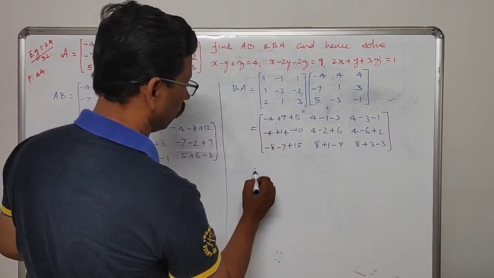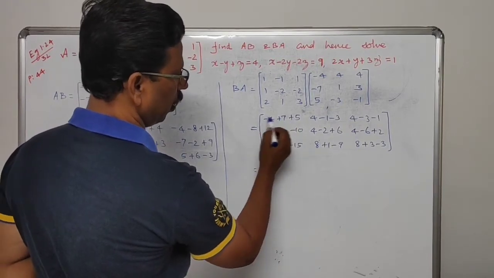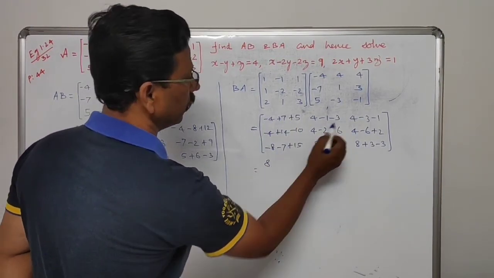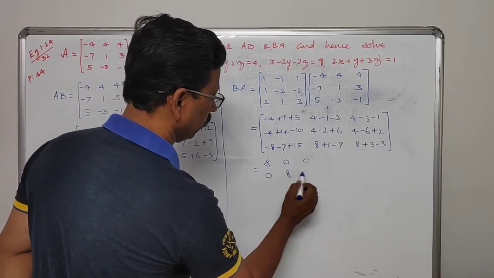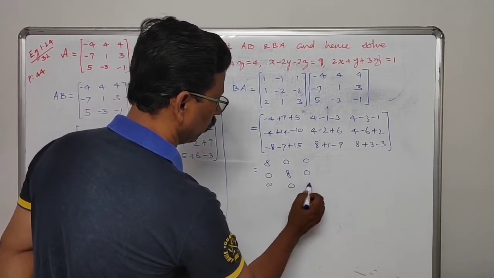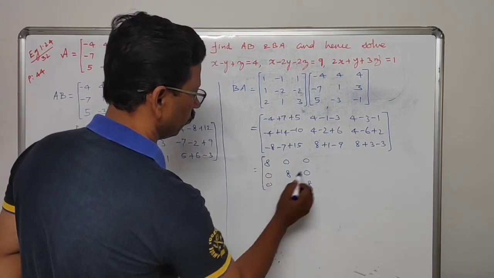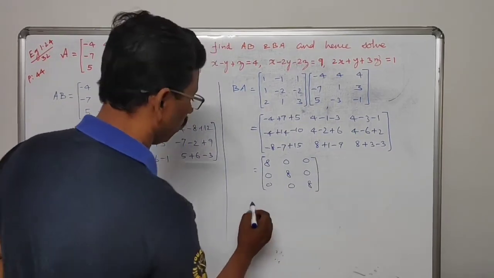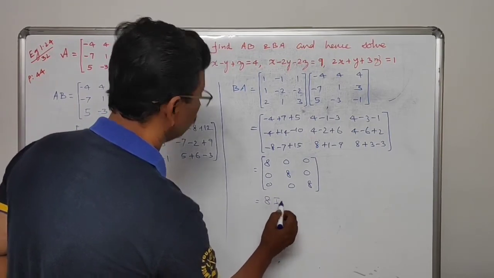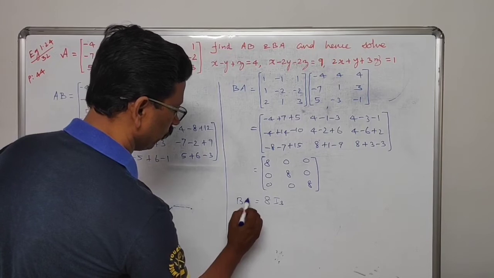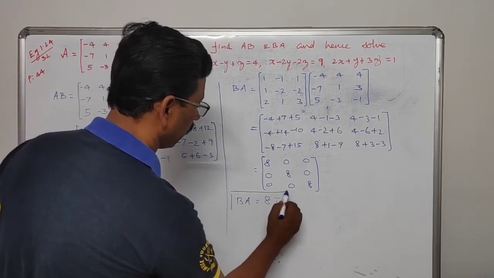Now this is 12 minus 4, which is 8. Then this is 0, 0, again 0, 8, 0, 0, 0, 8, which is equal to 8 times I3. That is BA, so also 8 times I3.